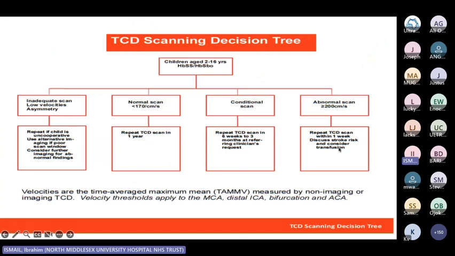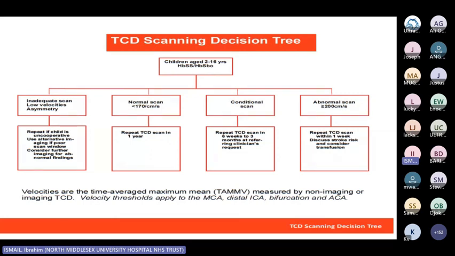And when it's abnormal, anything above 200 centimeters per second time-averaged mean, we would do a repeat scan within 1 week. Because once it's over 200, the chance of stroke, as I mentioned before, is 10%. That's quite a substantial percentage, so we would try to mitigate all risk.